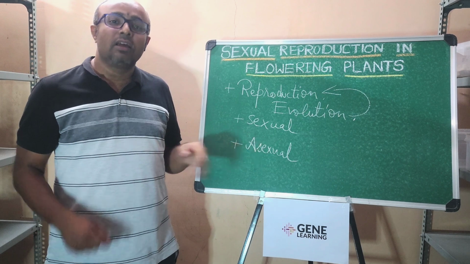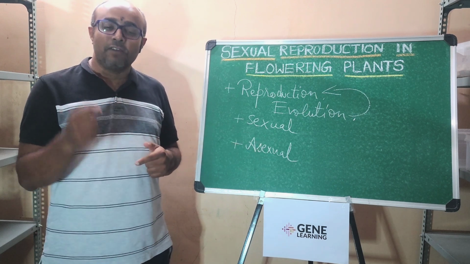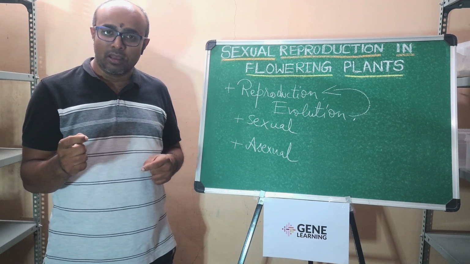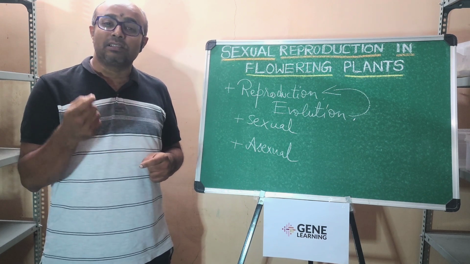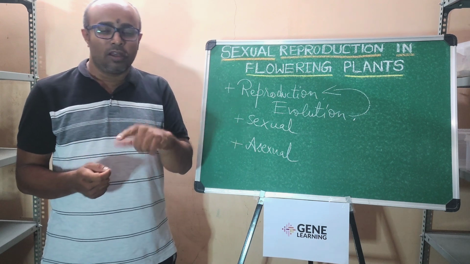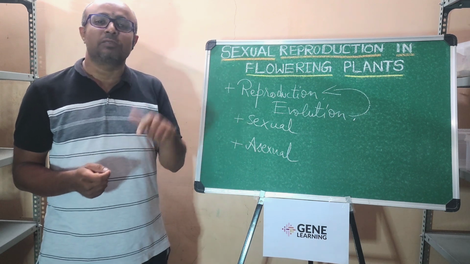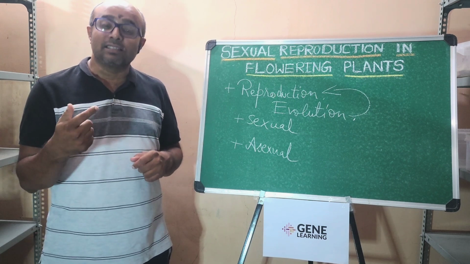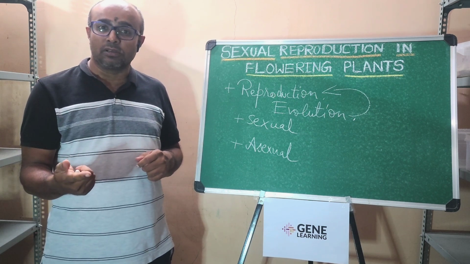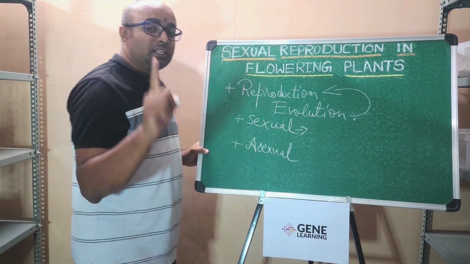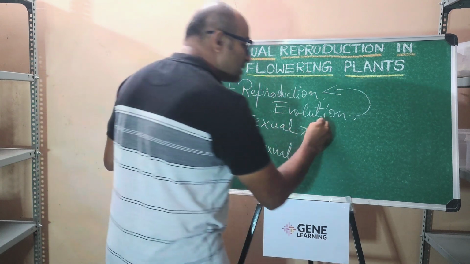Sexual reproduction is a process where specialized organs or structures in an organism give rise to specialized cells through a specialized process. Now let us look at what that specialized organ is.